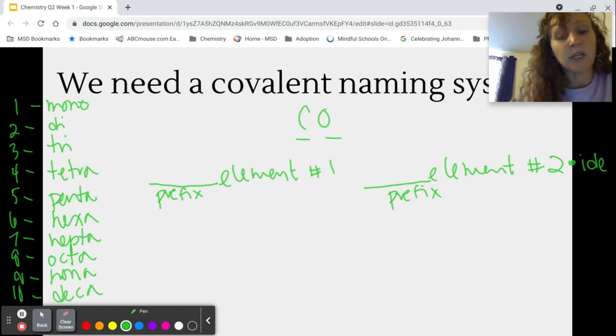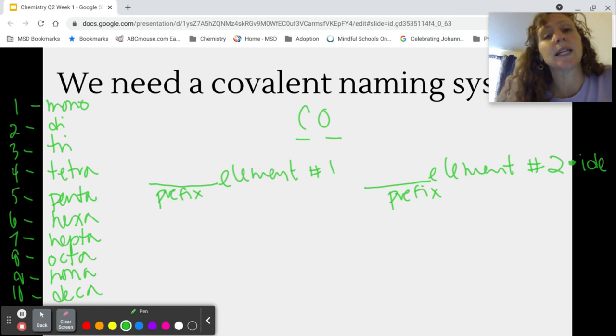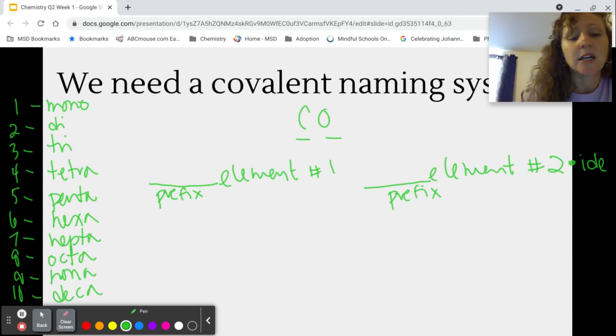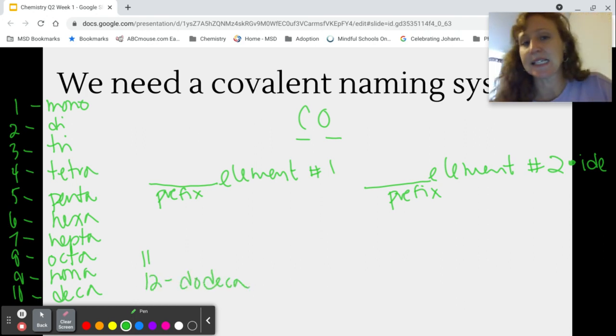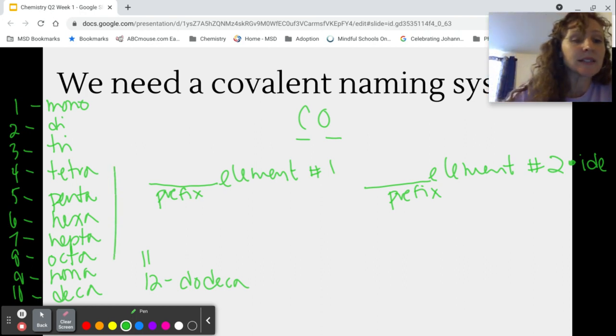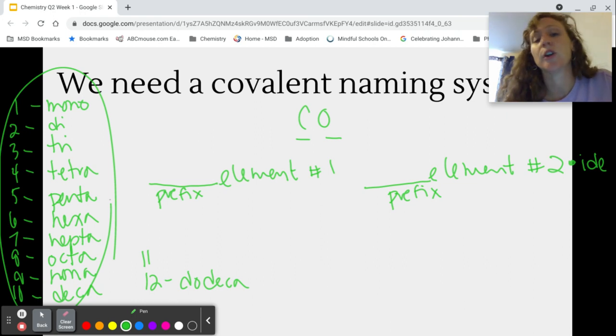And it goes on from here. You're probably not going to see anything greater than 10. You might see 12. 11 has a prefix, but nobody cares what it is. 12 is dodeca, and you're just not going to see beyond that. So those are really the prefixes that you need to know.